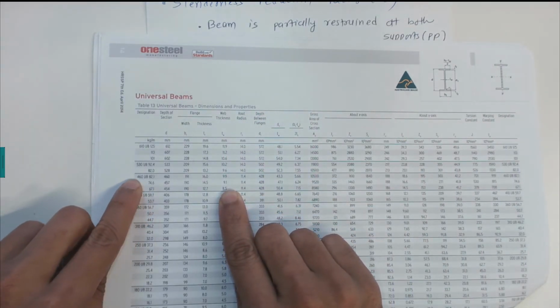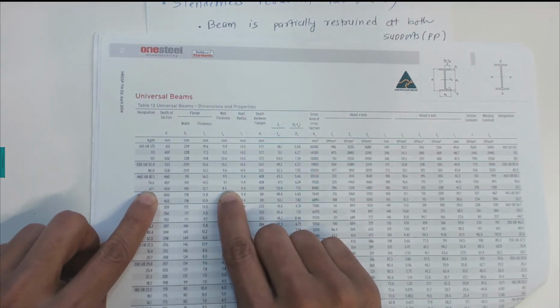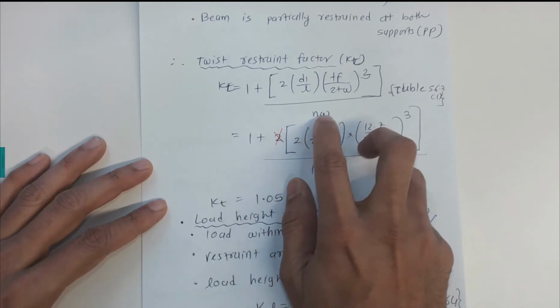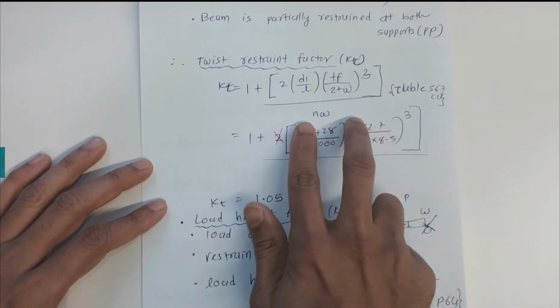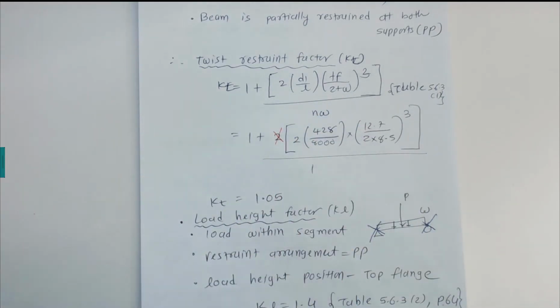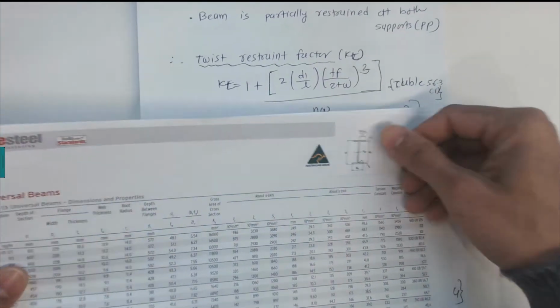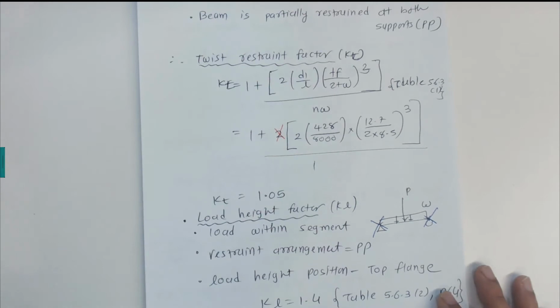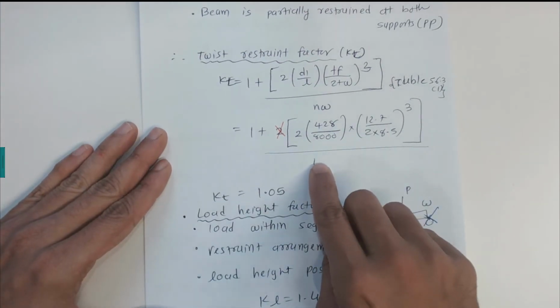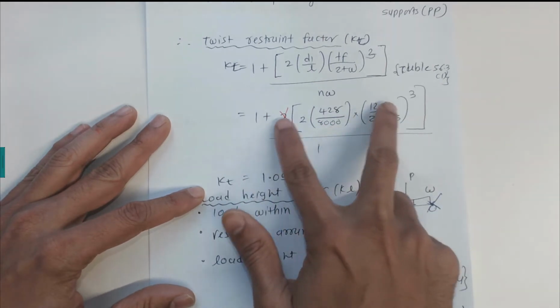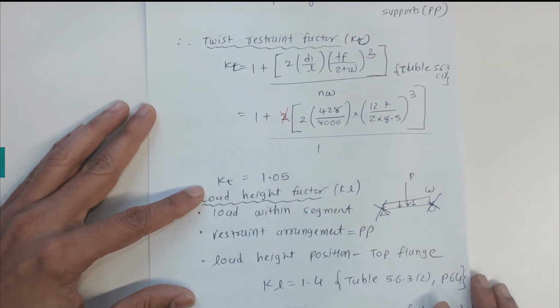Now we substitute to the power 3, and the number of webs is only one. For example, how many webs do we have in the section? We have only one web, and there are no details about multiple webs, so it is 1. Simple calculations give kt equal to 1.05.